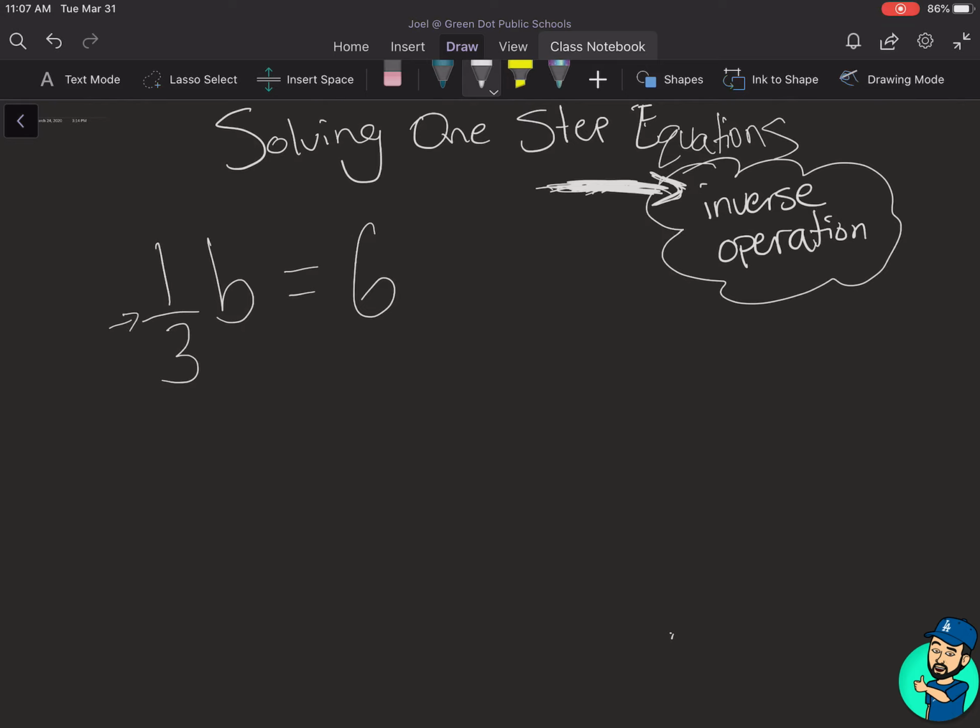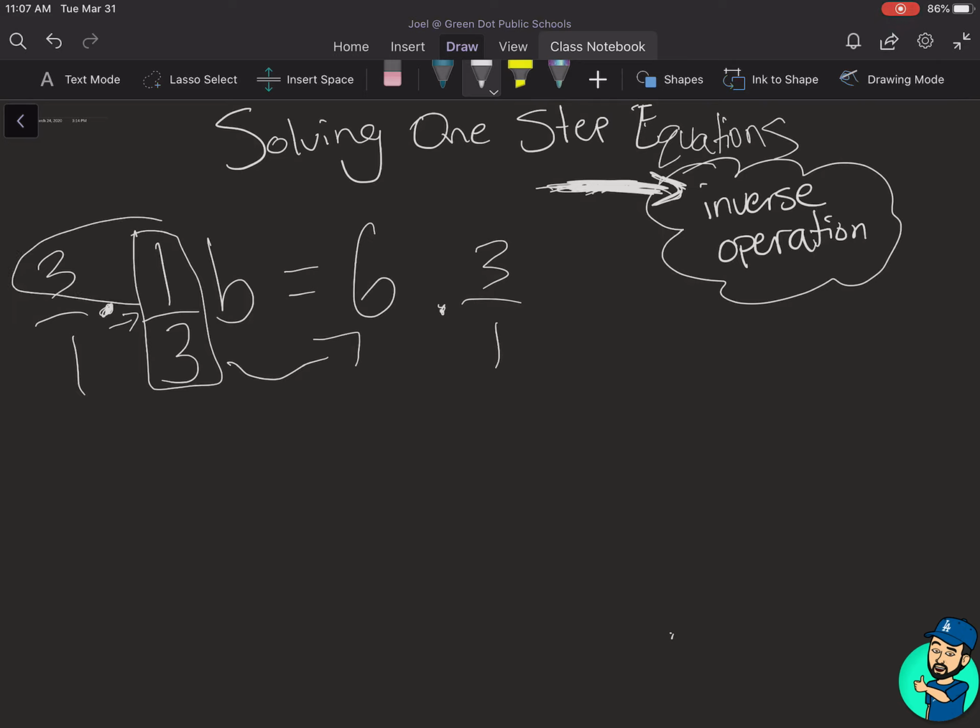A fraction, a division. To move this fraction to the other side of the equal sign, you need to multiply by the reciprocal. So multiply by 3 over 1 to both sides.